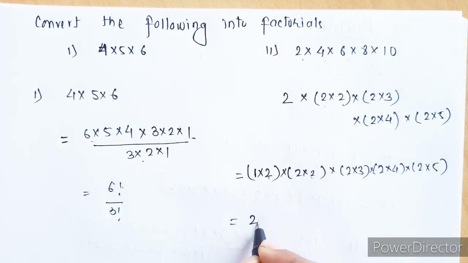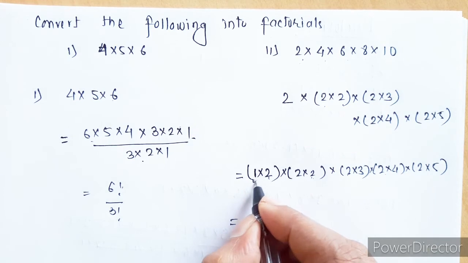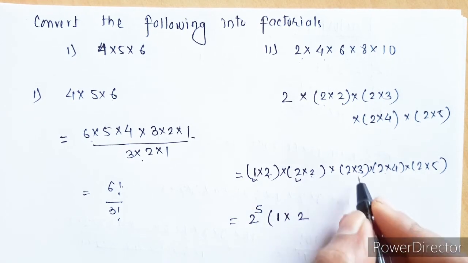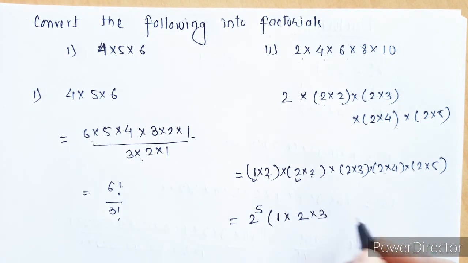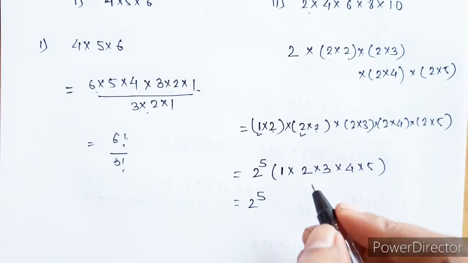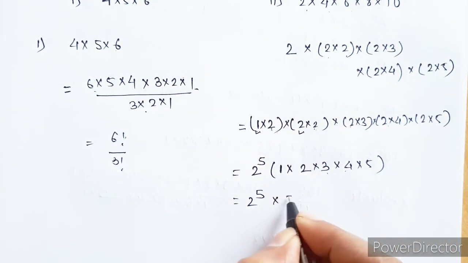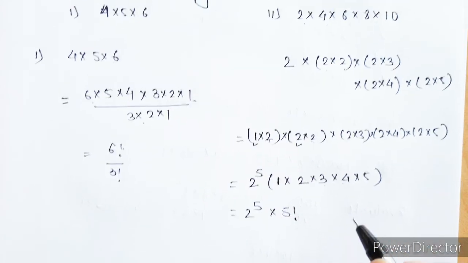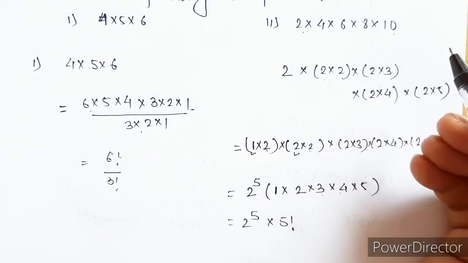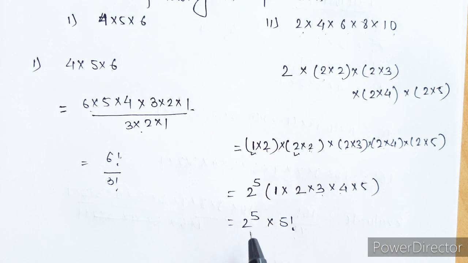If I am taking all these 5 twos out, what are the remaining numbers? 1, then 2 from here, then 3, then 4 and then 5. Let me keep the 2s as they are, and this 1 into 2 into 3 into 4 into 5 is nothing but 5 factorial. So we can write these terms in factorial form as 2 raised to power 5 into 5 factorial.